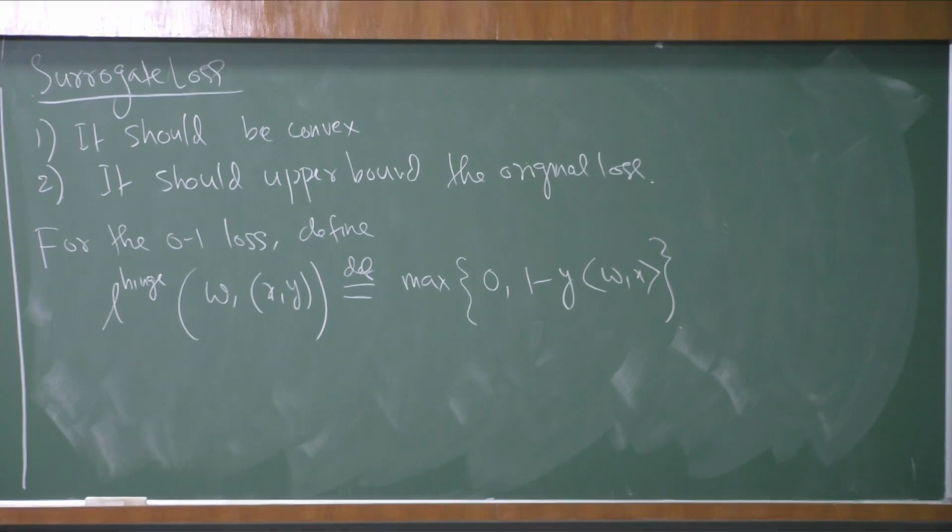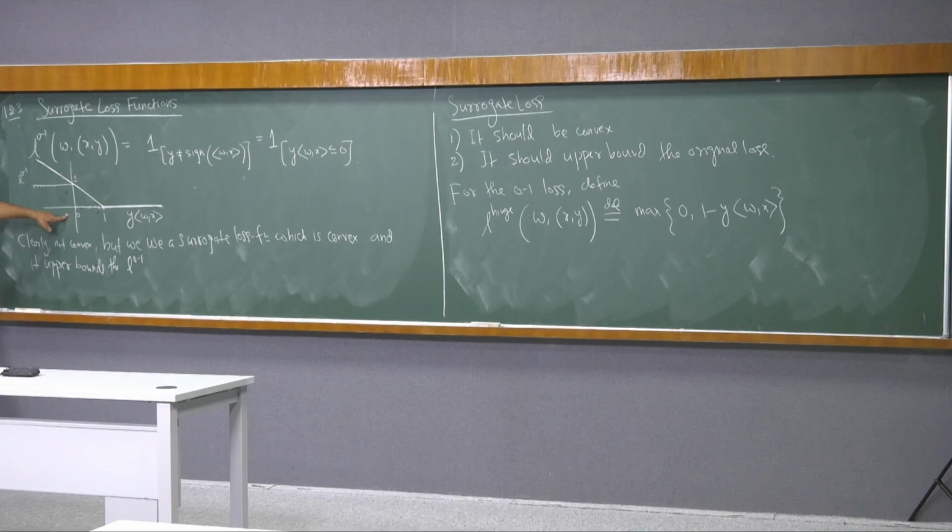The graph that I made here is defined exactly like that. So it says it's a maximum of 0 and 1 minus y times wx. If you see from here, it's 0 when it's negative, basically.